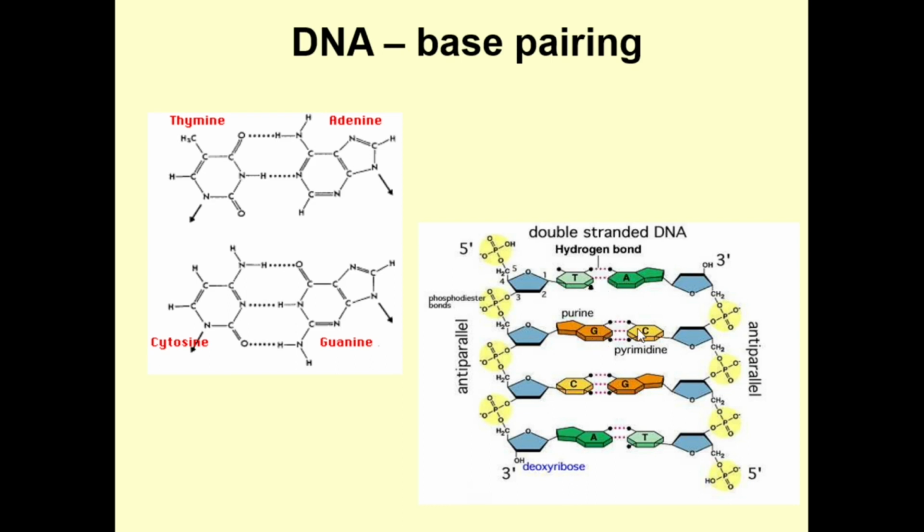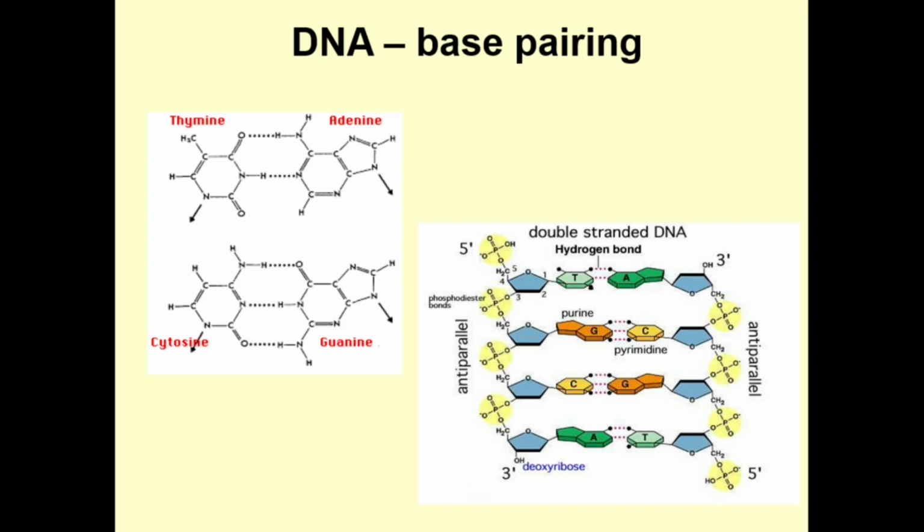Here we can see guanine and cytosine, hydrogen bonded together with those three hydrogen bonds. Here's cytosine and guanine again, and then adenine and thymine at the bottom there. That's basically it for the basic structure of DNA then. Key things to remember are that DNA is a macromolecule.